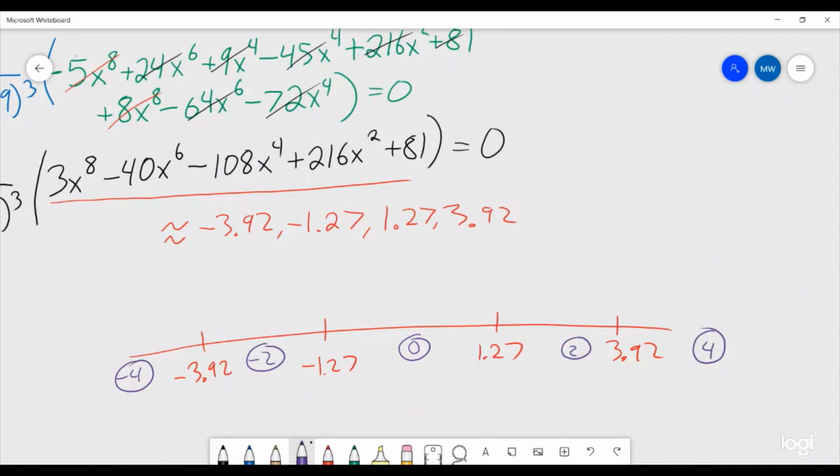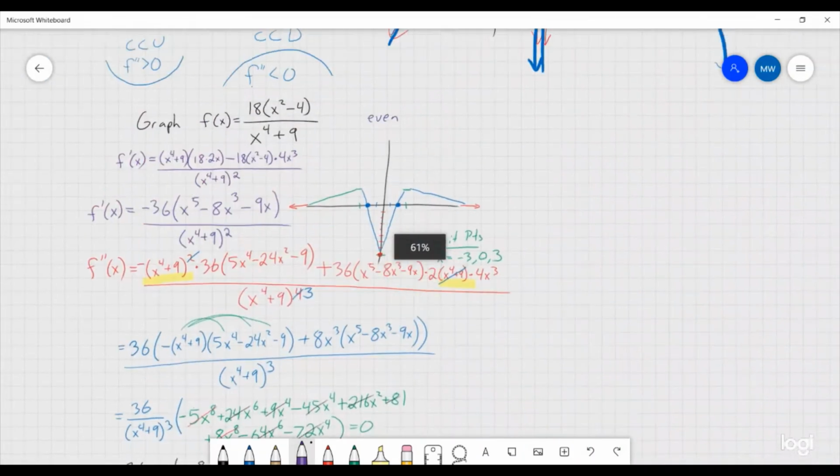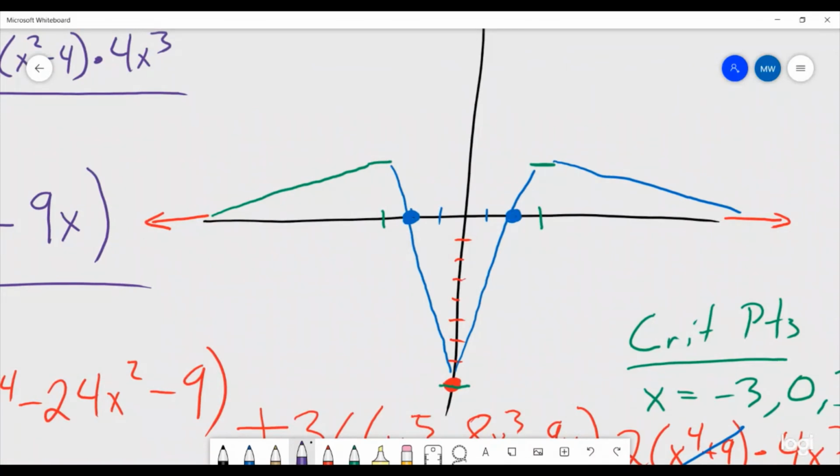And when we go through and do that, we're going to find that it's positive here, negative here, and then positive here. So what can we do with this information? Well, now that we have that, we can apply that up here. So we know that there is going to be a point about here and about here where it's going to change concavity, and then another one about here and about here, because that's at, let's see, 3, oh, it's almost at 4.